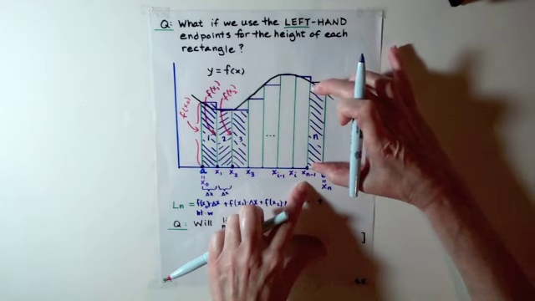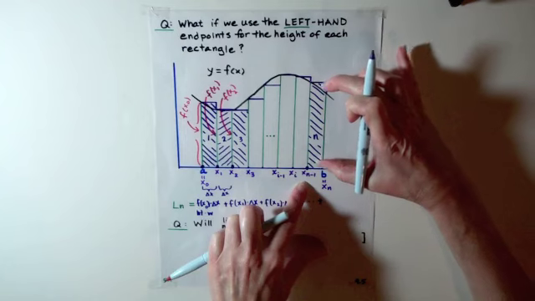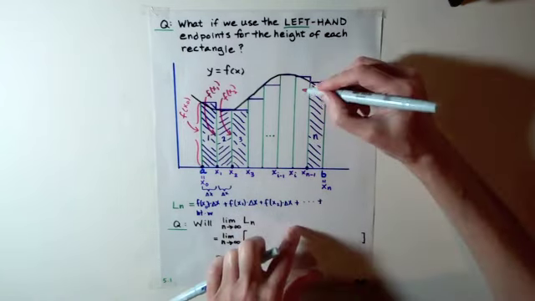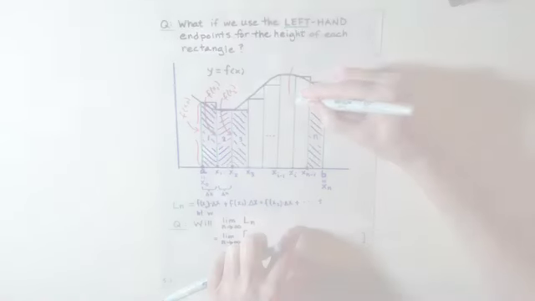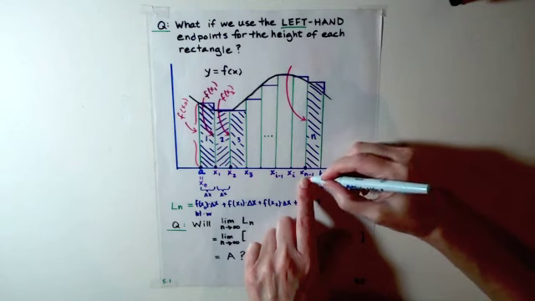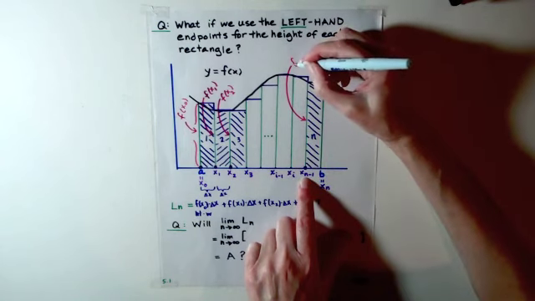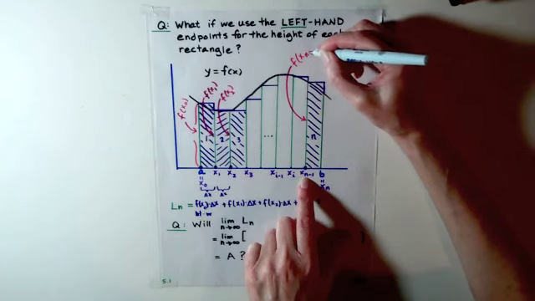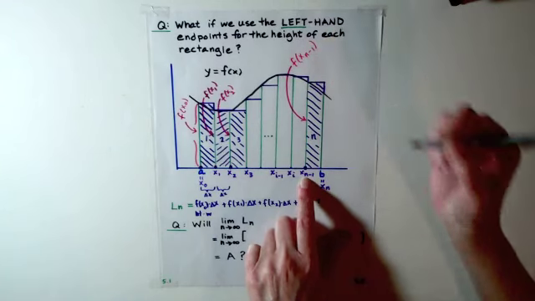So you notice that this green height here under the curve is the height of the rectangle that was already drawn for us. So we want to know, well, how high is that? So let's see, that's the height at x sub n minus 1. So that would be a height of f of x sub n minus 1.